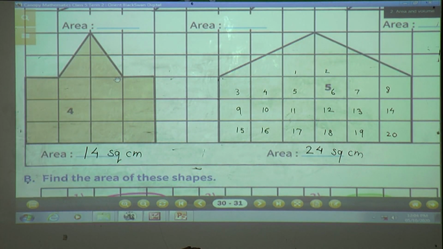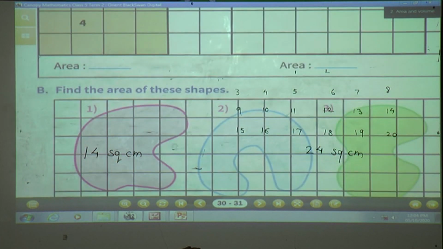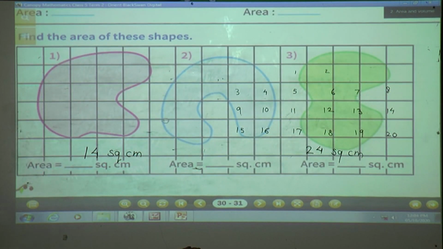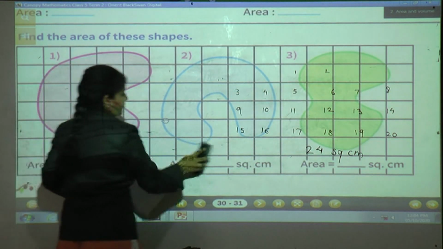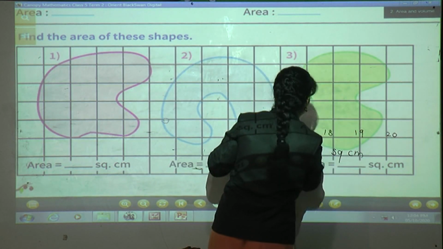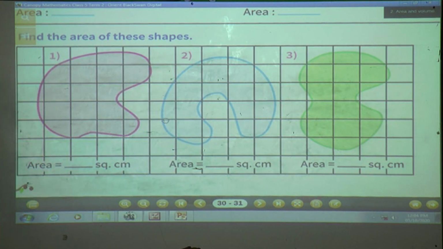Now we'll see our next question. Find the area of these shapes. So students, first one, same. You have to count first full squares.